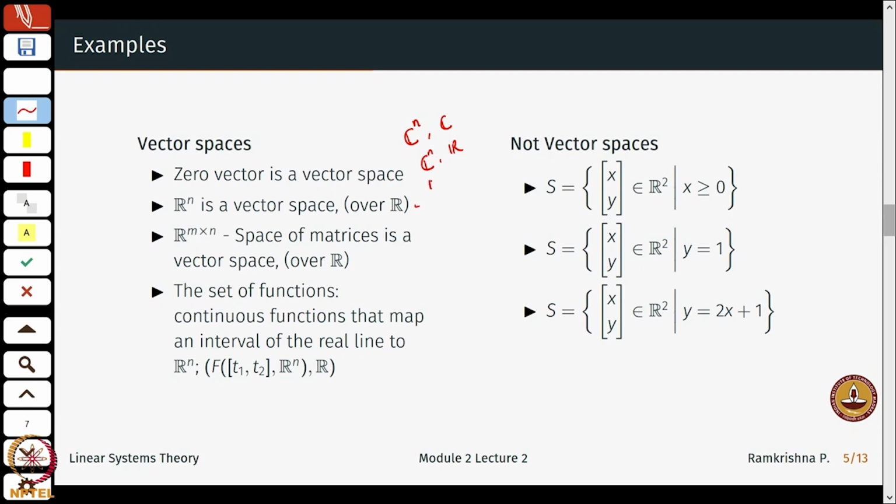However, what is interesting is the following. If I take R, this is not a vector space over C. If I take a complex scalar and multiply with an element in R, I get an element outside R, in C^n. So this is not a vector space. Similarly, R^(m×n), the space of matrices, is also a vector space over R. I can take a scalar, multiply it with a matrix, add two matrices and so on.